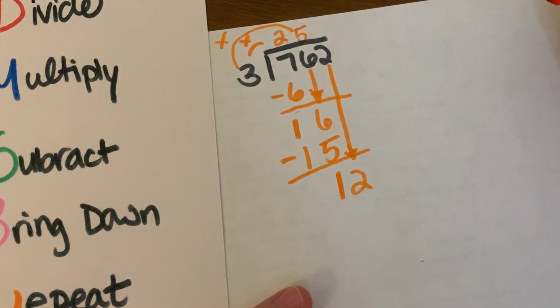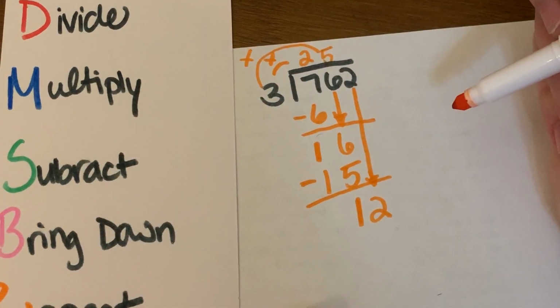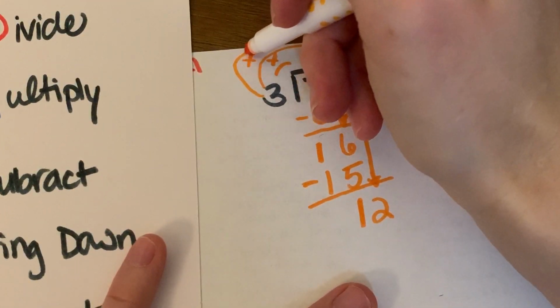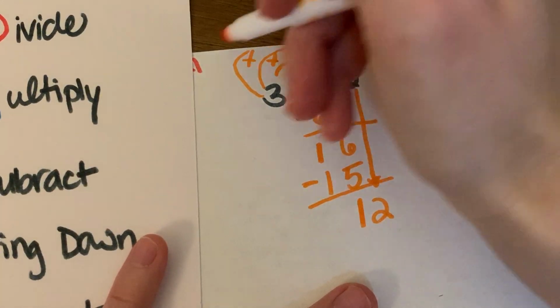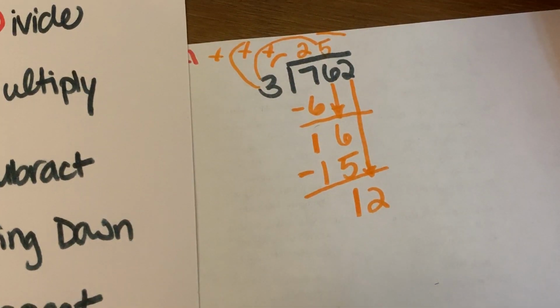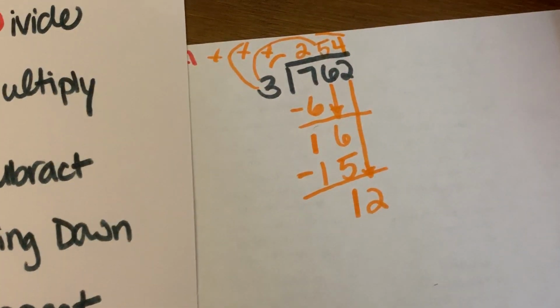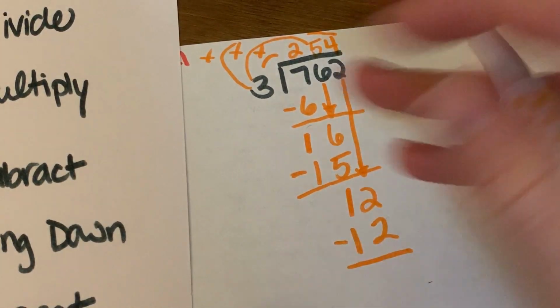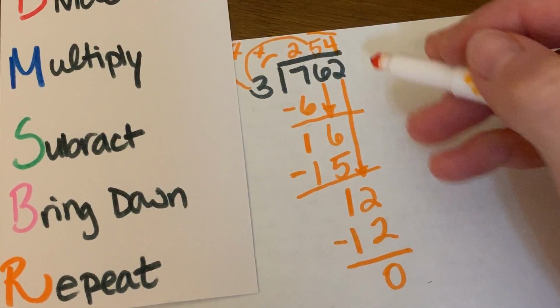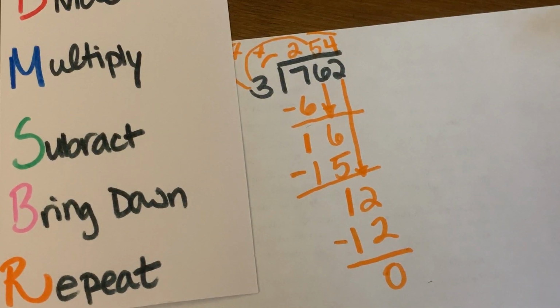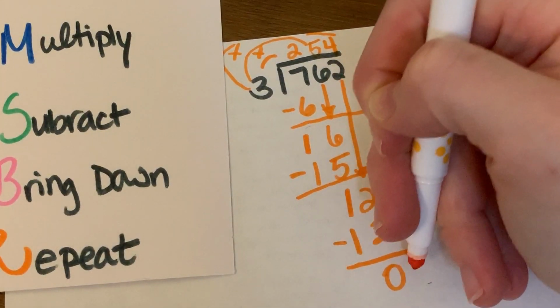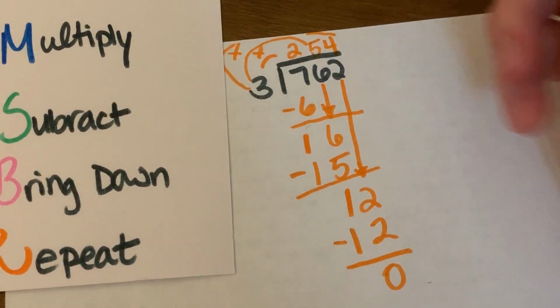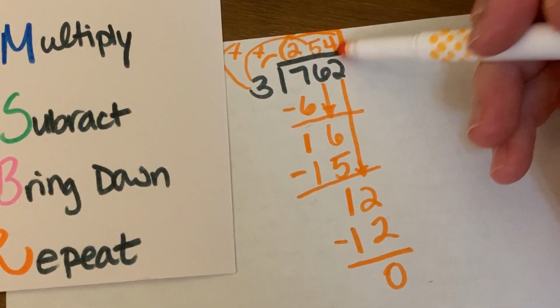Now we have a 12. 12 divided by 3 gives me what? Well, this one does come out evenly, 4. So I'm going to subtract. I have 0. There's nothing else to bring down. There's nothing to repeat. And this is a 0, so I don't have a remainder. It is 254. Okay?